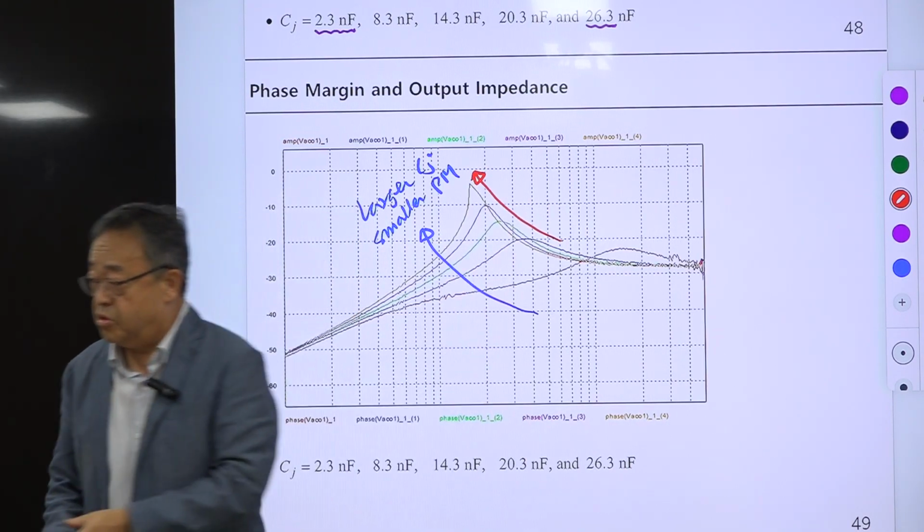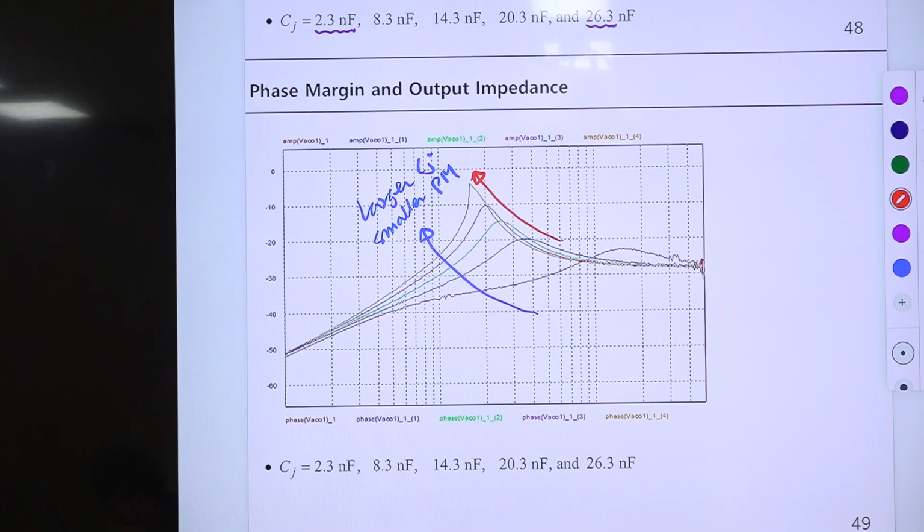So the oscillation will occur, and the frequency of oscillation becomes smaller, the period becomes larger. So sluggish is very similar to slow. Sluggish and more oscillatory.